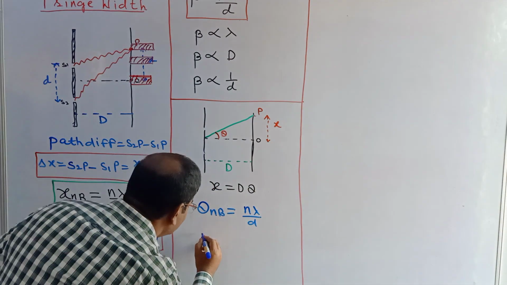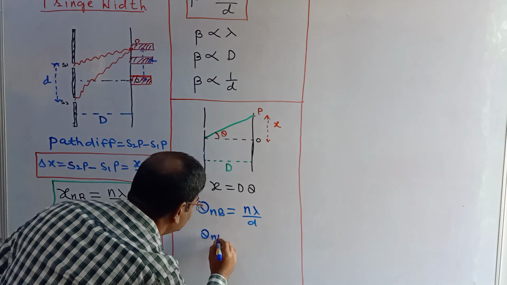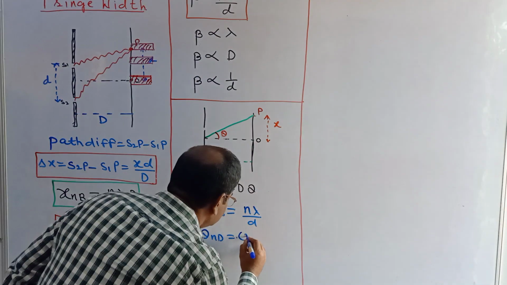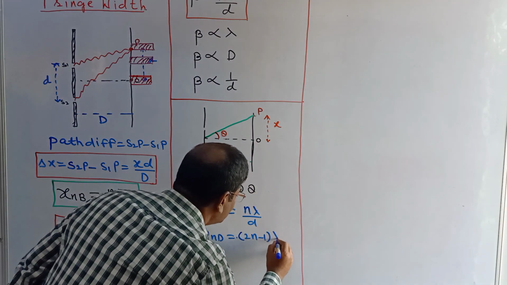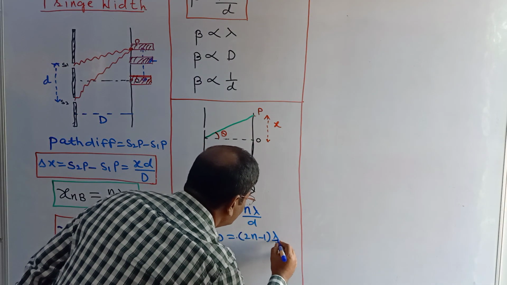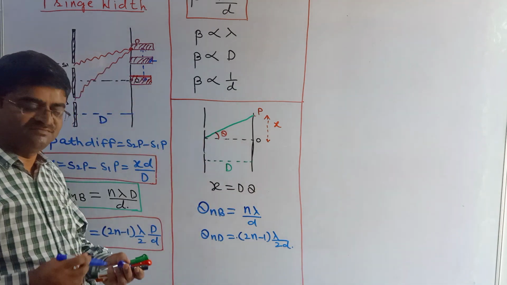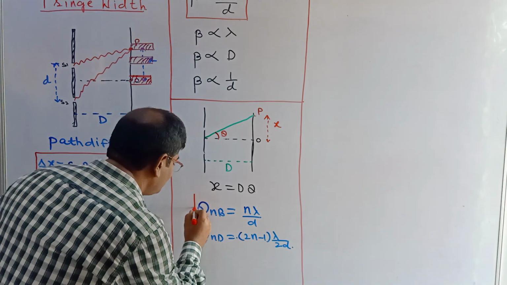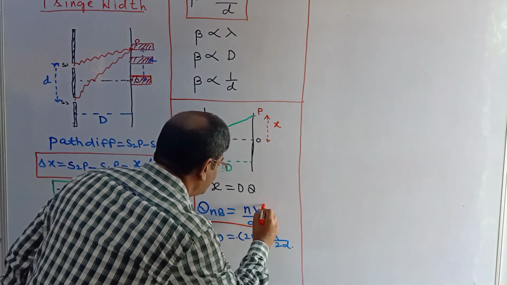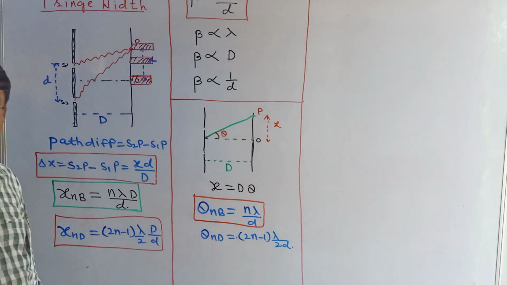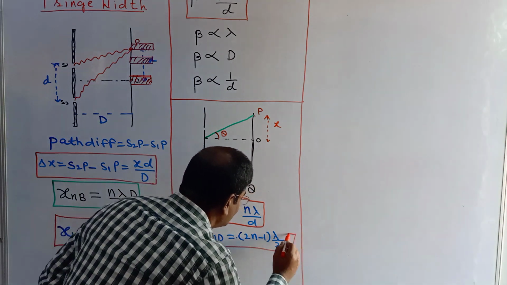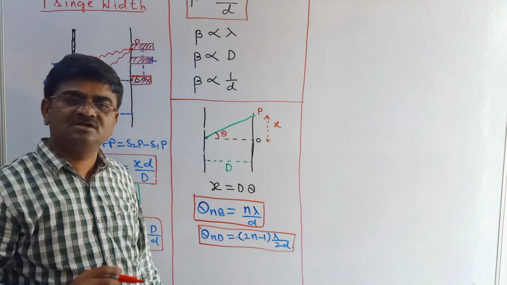Similarly, the angular position of the nth dark band, I get it, referring to this, as (2n minus 1) lambda by 2d. It's an important thing. This is the expression for the angular position of the nth bright band. This is the expression for the angular position of the nth dark band.